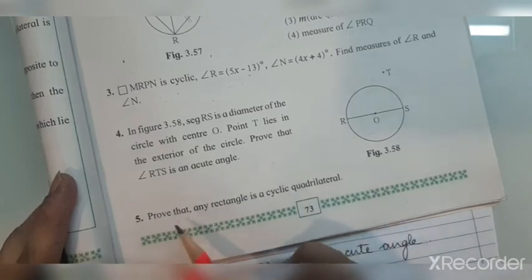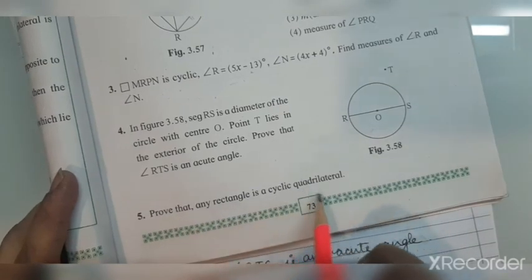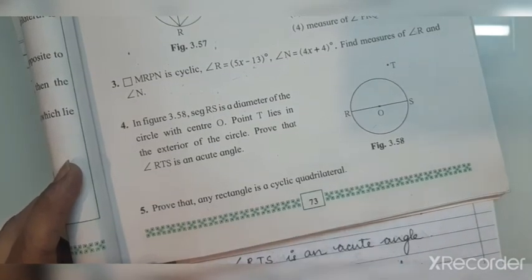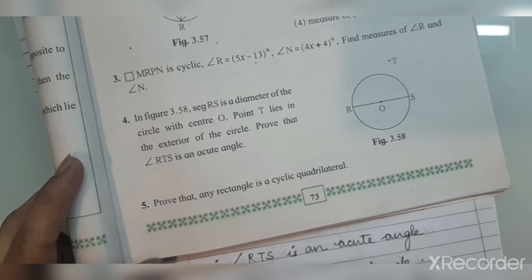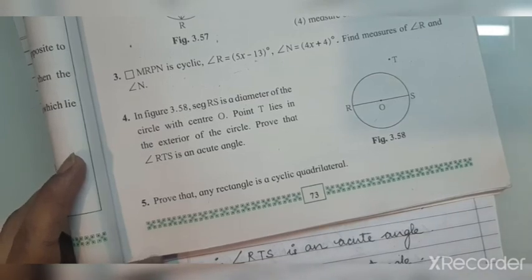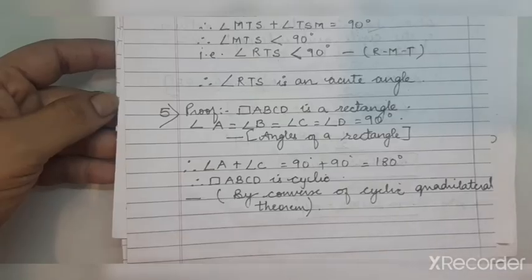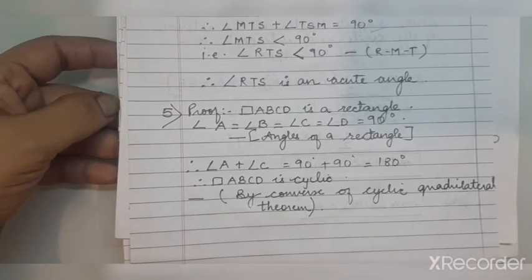Now, the fifth sum: prove that any rectangle is a cyclic quadrilateral. They have not given the figure, and just one statement, and we have to prove that any rectangle is a cyclic quadrilateral. For that we don't need a figure.